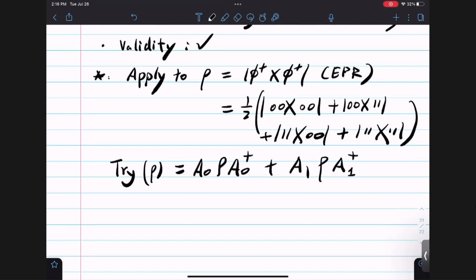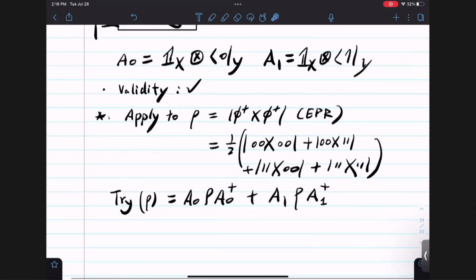Okay, so it looks a little bit intimidating, but really, if you observe how we define A0 and A1, and then the form of this density rho, if you look at the second one, since we're conjugating by the same A0 or A1, it's only going to matter for the terms where the Y system is in the same state.